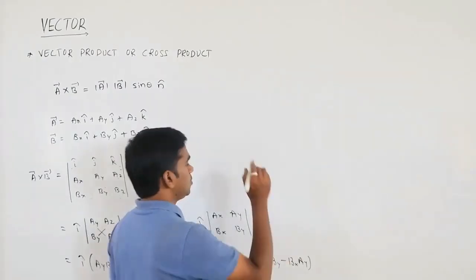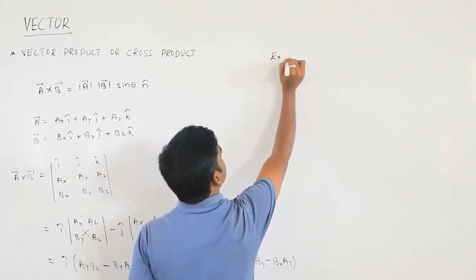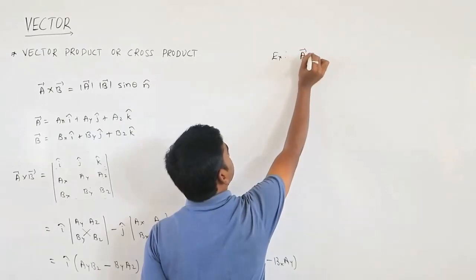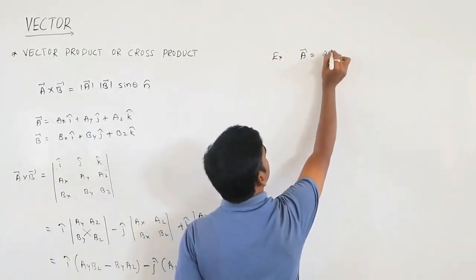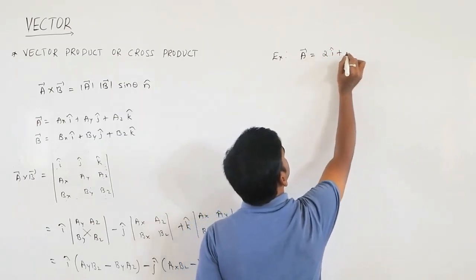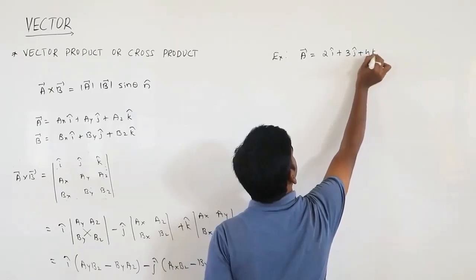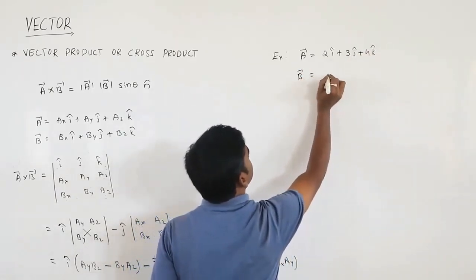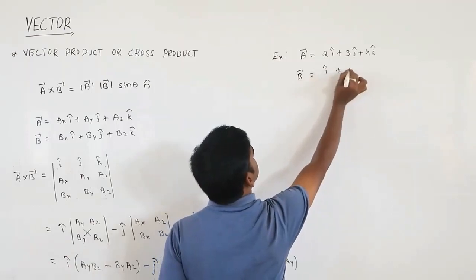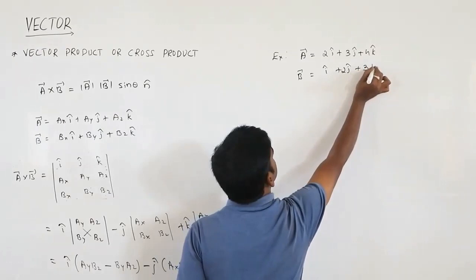Let me take an example of this kind. Suppose I have vector A equals 2 i cap plus 3 j cap plus 4 k cap, and vector B is i cap plus 2 j cap plus 3 k cap.